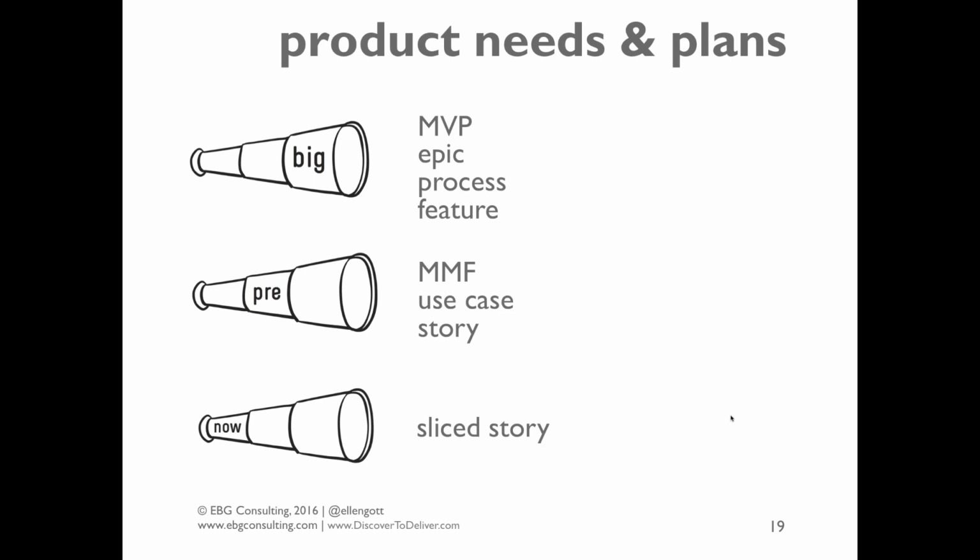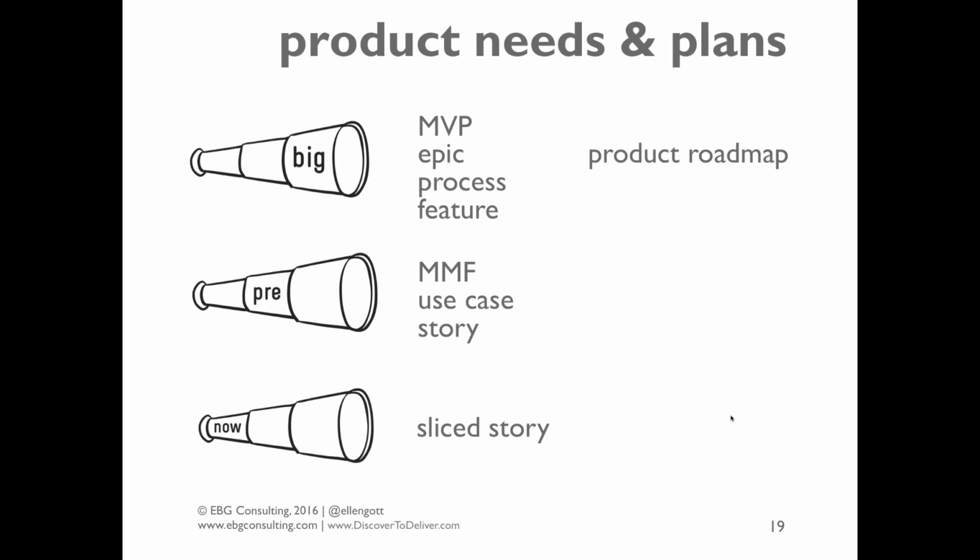And at the now view, where we have requirements, we need to have very thin slice, very precise requirements that are truly ready for that sprint, ready to be developed. So again, big view, those are wants, the preview are needs, and the now view are requirements.